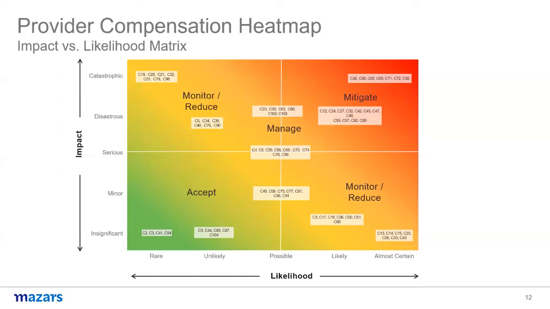So in essence, the idea around the heat map methodology is that you're able to look at the heat map and say, okay, all those in the red area are the ones that we need to mitigate and review immediately, and then you work backwards from there.